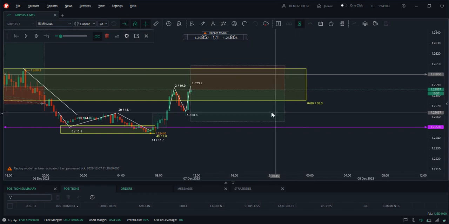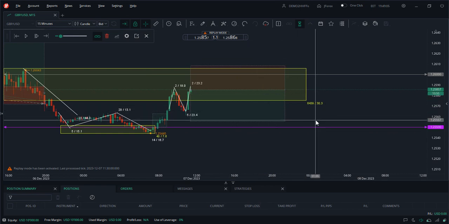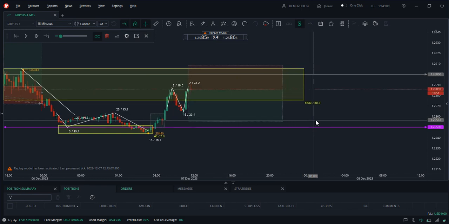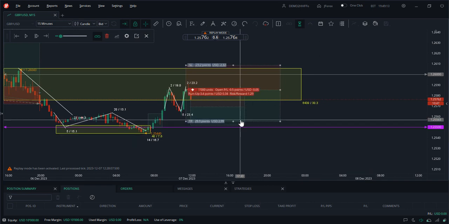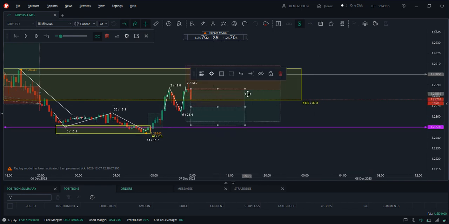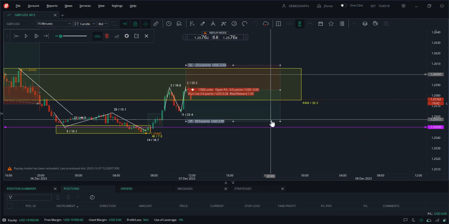So let's play this trade and see how it goes. Remember, when we go 10 pips in profit, what do we do? We move stop loss to break even. Now we are selling. Let's see how much this is selling now. So how many pips?